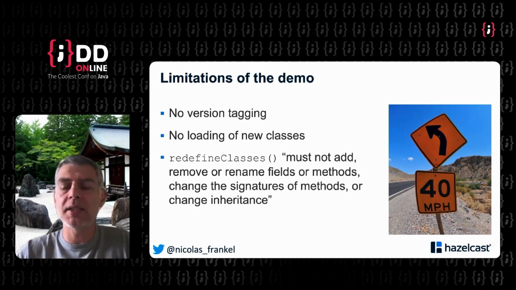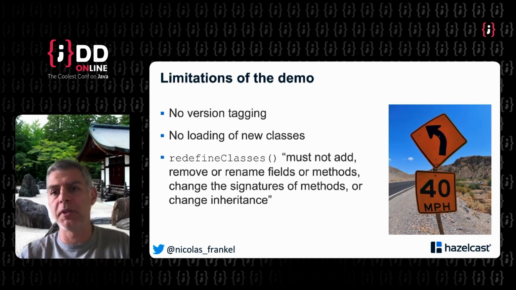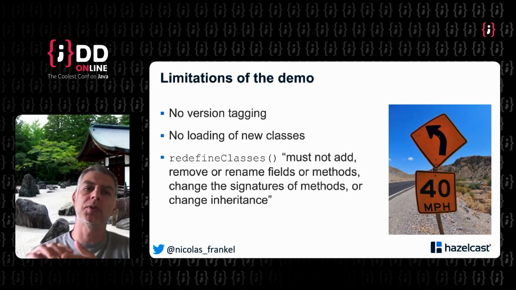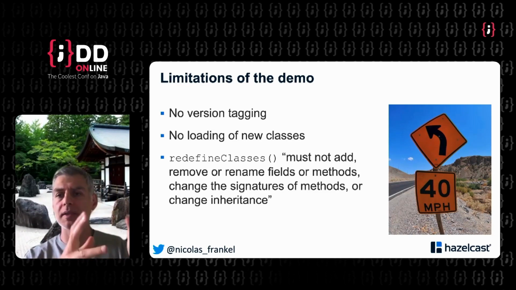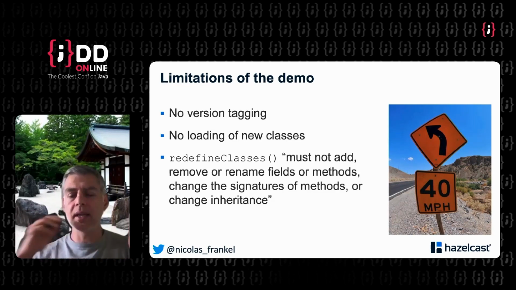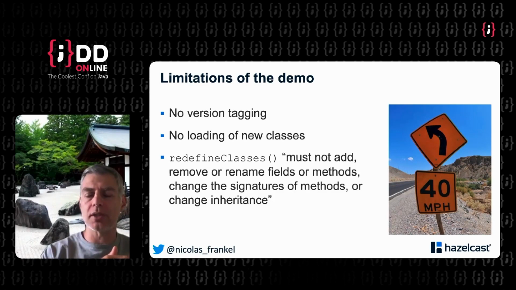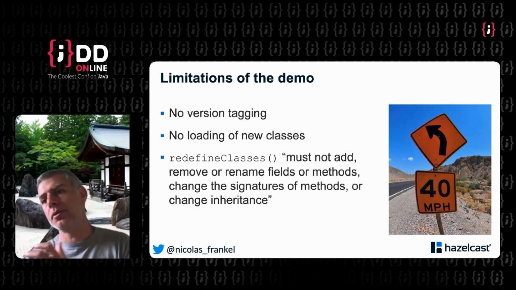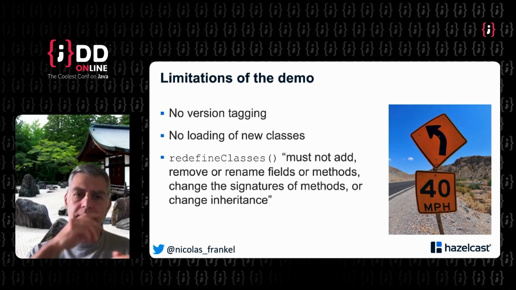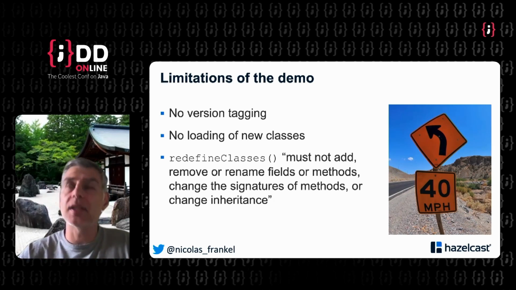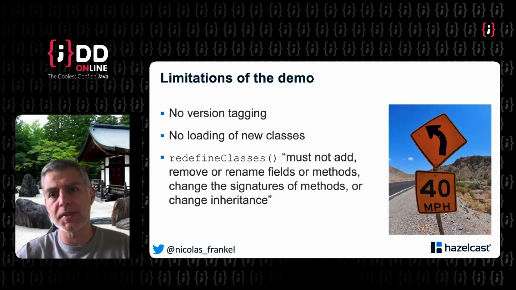The second one I didn't do because I've been too lazy is I didn't try to load new classes. I'm just having a class that is already loaded and then I try to change it. You can work that out for yourself. You can try to load your class. And finally, the hardest limitation is that Redefine Classes itself has some hard limitations.